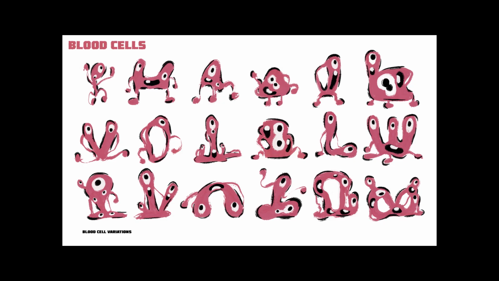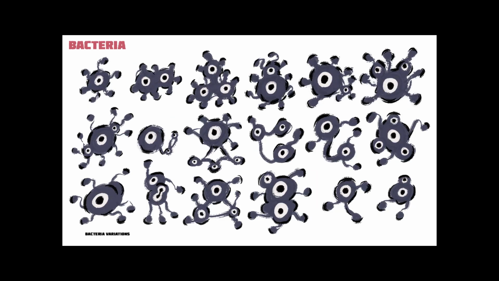In order to create a bizarreness and a transformative look for the cells, I decided to use mostly my gesture drawing technique to create the shapes and the personality of the cells. There are several examples of how animal shapes and sizes can also inspire my cells' personality and their shapes.